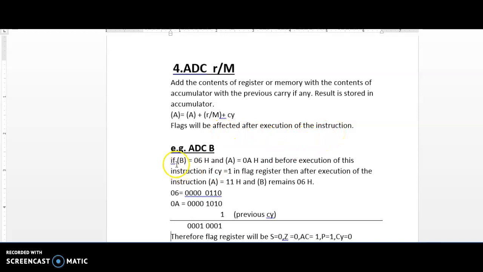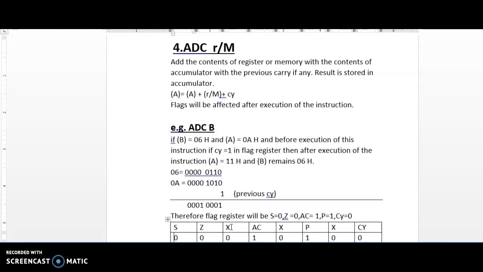Now if you see ADC B, if B is 6, A is 0A, and before execution of this instruction the carry was 1, then after execution, accumulator contents will be 11. Why? Because 6 plus A plus previous carry, these all will be added, and this answer 11 will be stored in the accumulator. B register contents will remain as it is.